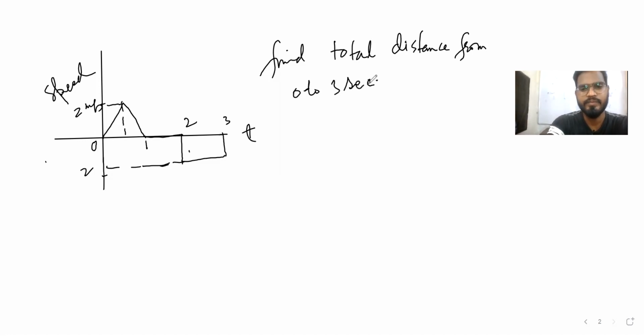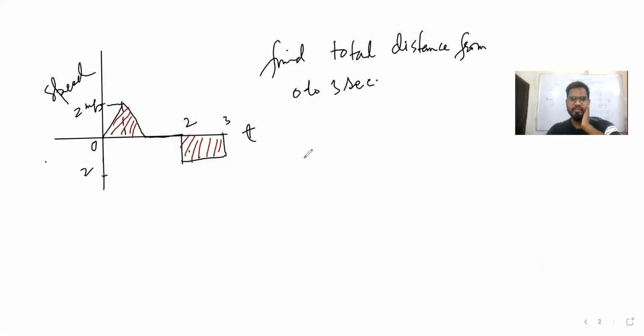So if you see here, you'll have to find the area. We can say this will be the area and this is going to be the area, right? I just put the time here. Now they're asking to find total distance from 0 to 3 seconds.